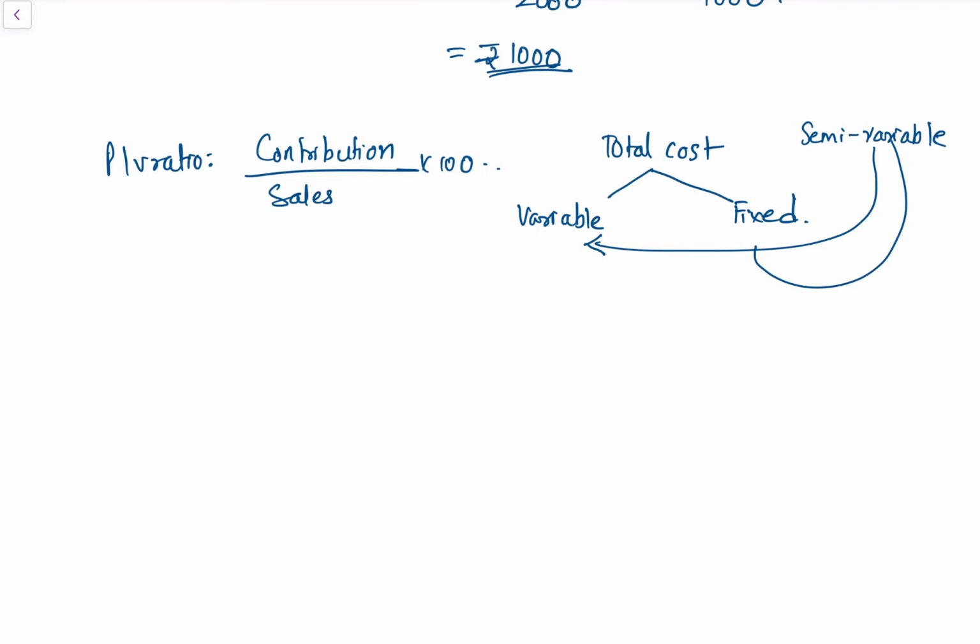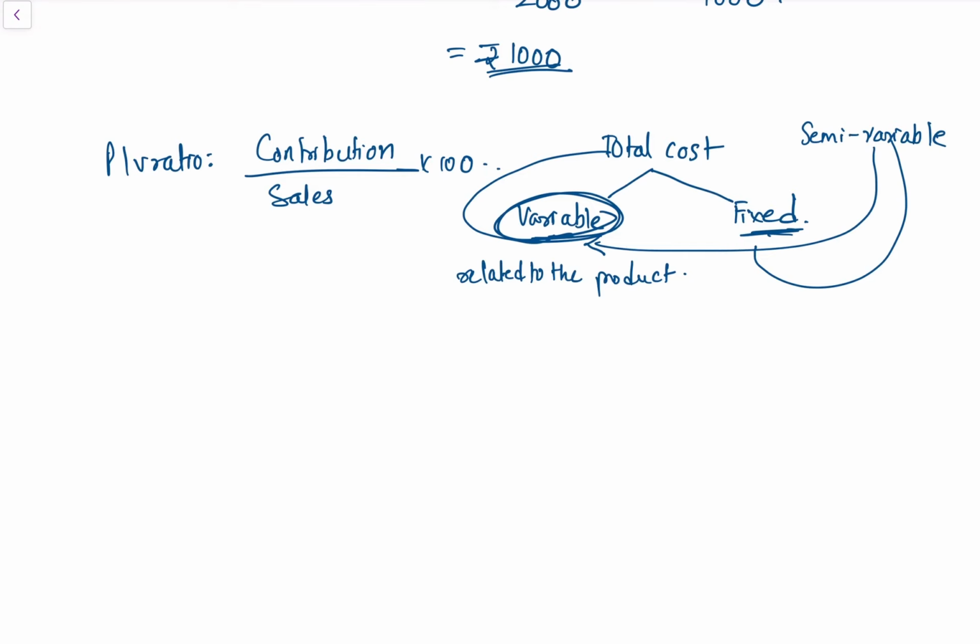Now what we should understand is what is variable and fixed. Variable cost is the cost which is directly related to the product. Means if you wouldn't have made that product, this cost we can eliminate. We need not incur it.